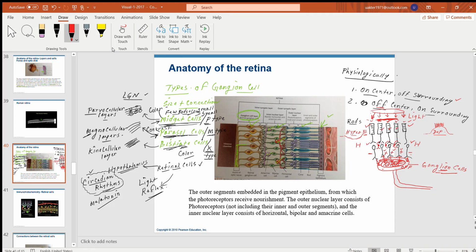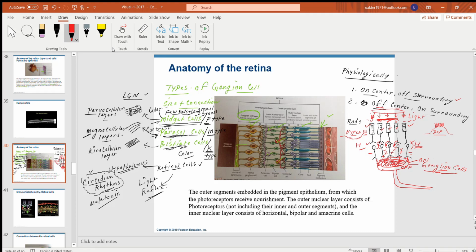And the outer part will be on, because no inhibitory horizontal cells are in the outer part. So just opposite. So how the connections are in the retina, how the ganglion cell is receiving the signal from the bipolar cells, and how the bipolar cells are connected to the photoreceptors determine the response of the ganglion cell.